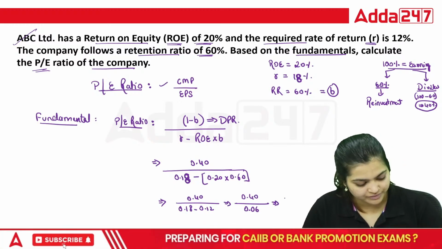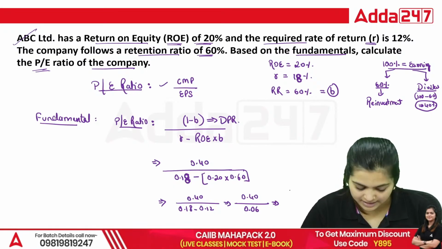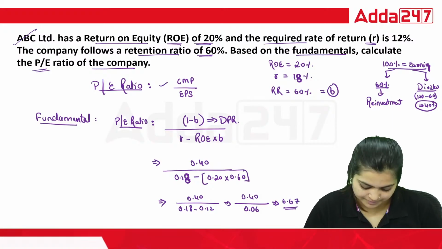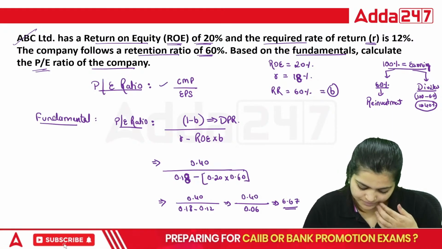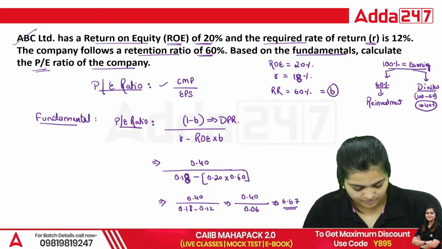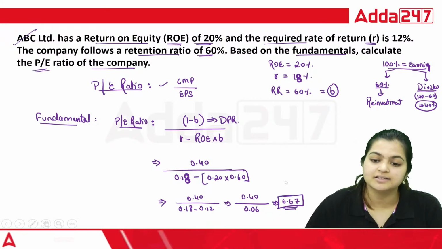So what is your PE ratio? 0.4 divided by 0.06, that is going to be 6.67.